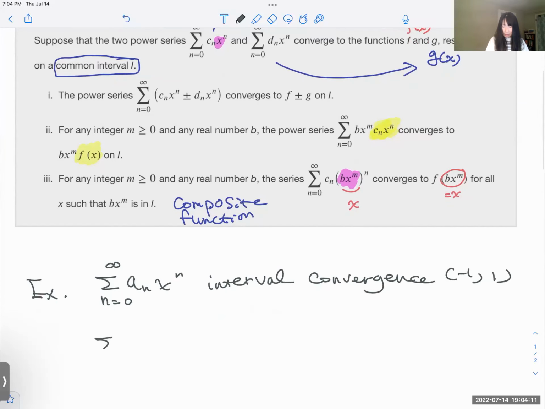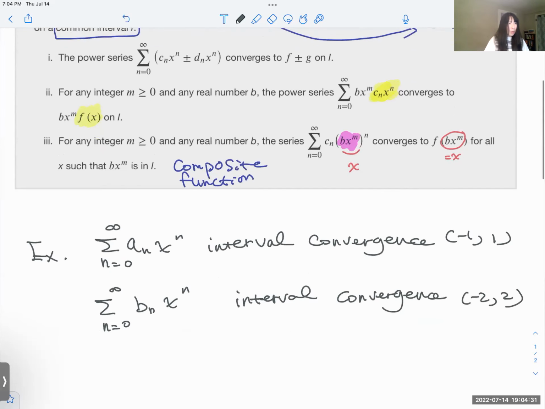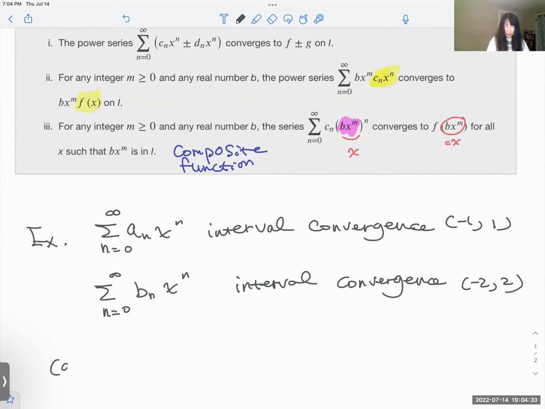And we have a series, b sub n, x to the n, a power series, and we know that the interval of convergence is -2 to 2, all right?